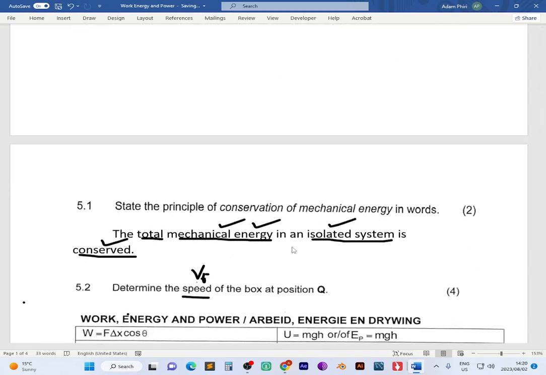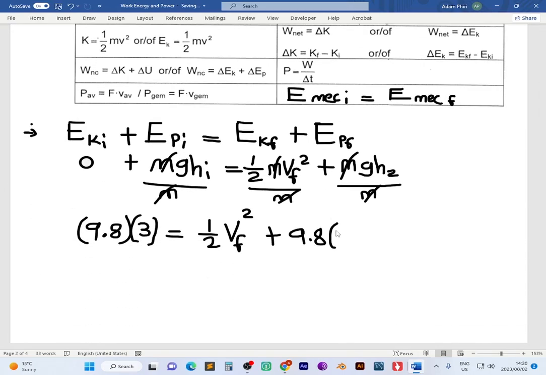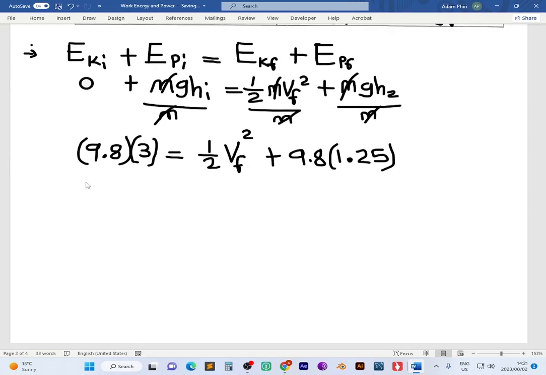When looking at height, it's always from the ground, so remember that, from the ground, 1.25. With 1.25 you can calculate, solving for V final, making that the subject of our formula.